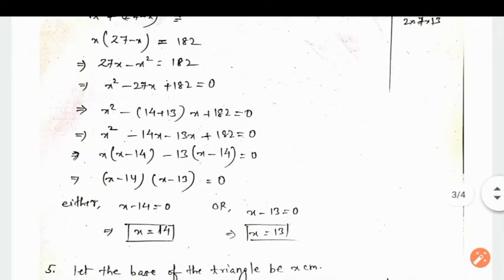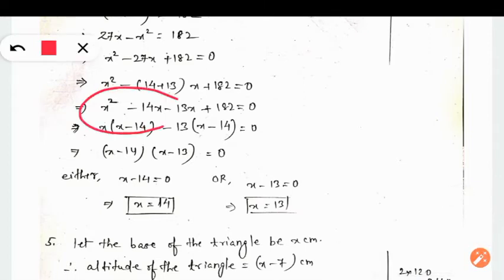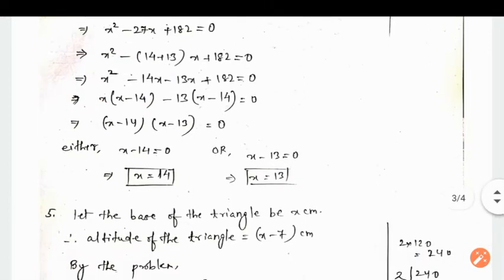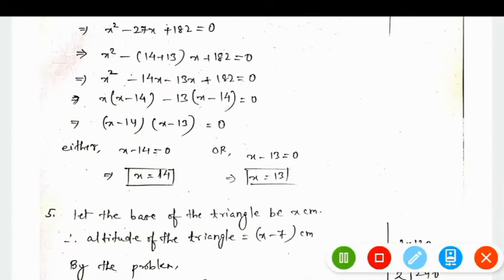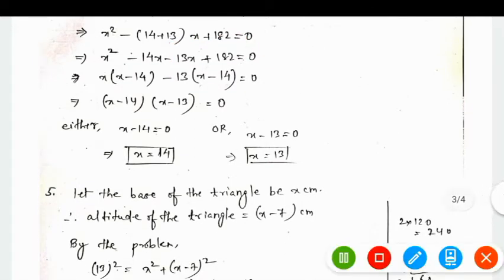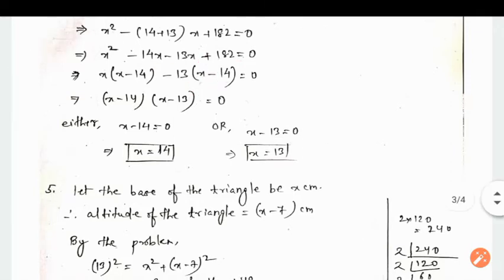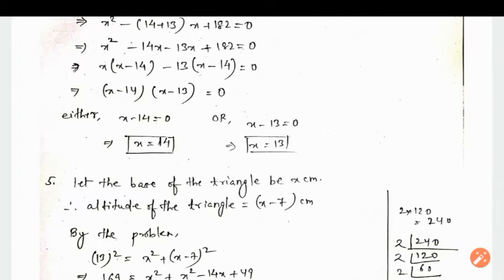What will you get? x square minus 14x minus 13x, plus 182, right? Now take common from the first two terms. What is common? I think x is common. So 1x is left because x square is there. So x minus 14, and from the other two terms which term is common? 13 is common, minus 13. So 13 is common, x is left, and minus times minus gives plus. That is why minus 14 is left.